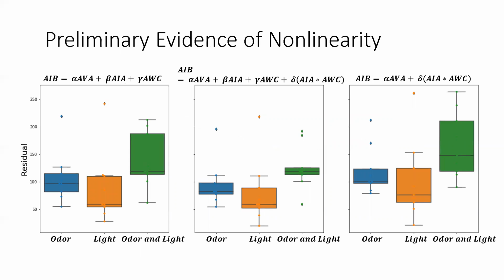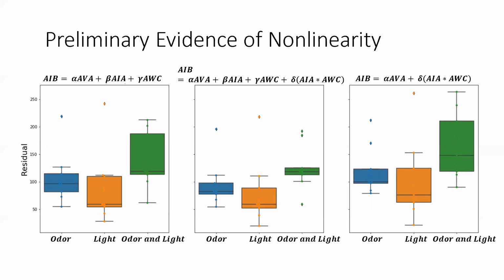When we look at the residuals for these fits, we see that on the left, we have our linear, and the far right, we have just the nonlinear terms. And both of these models give us a large amount of variance in the residuals we see for each experiment.